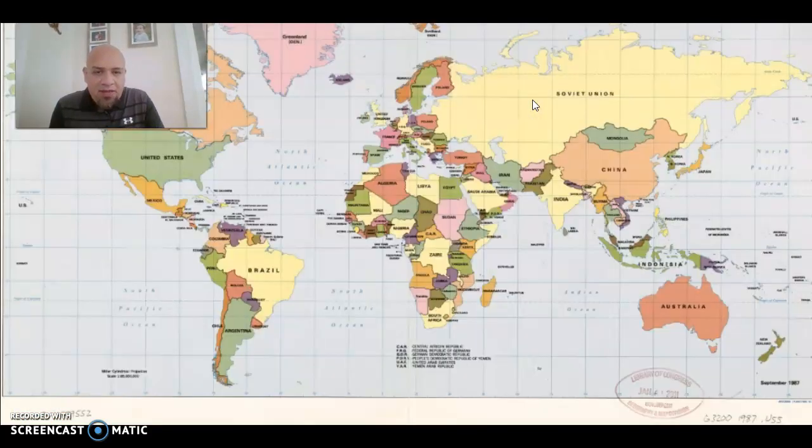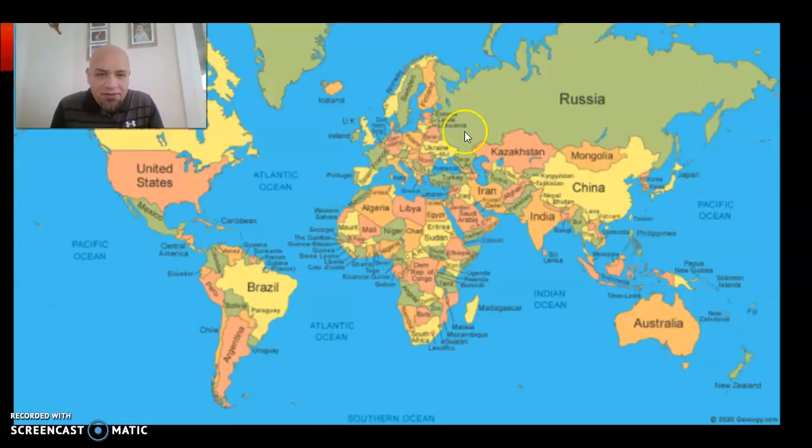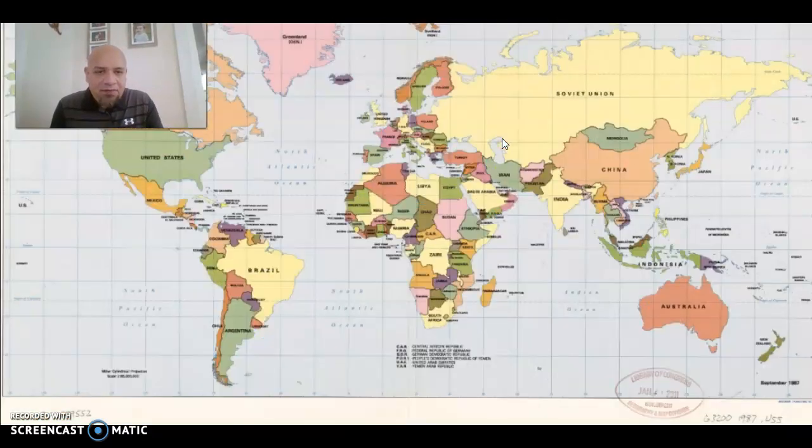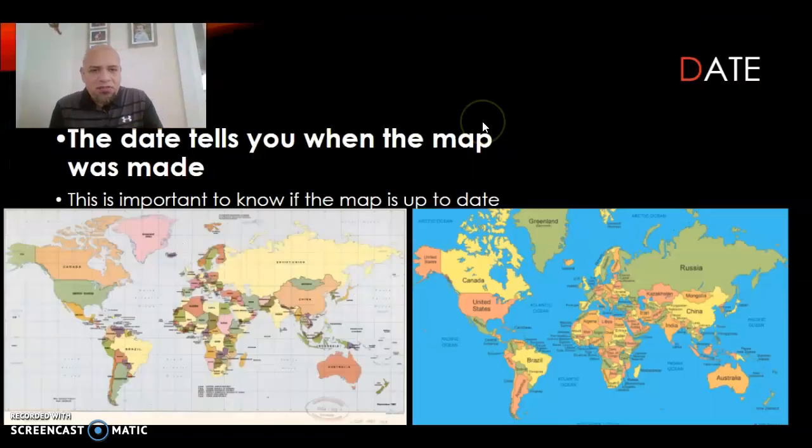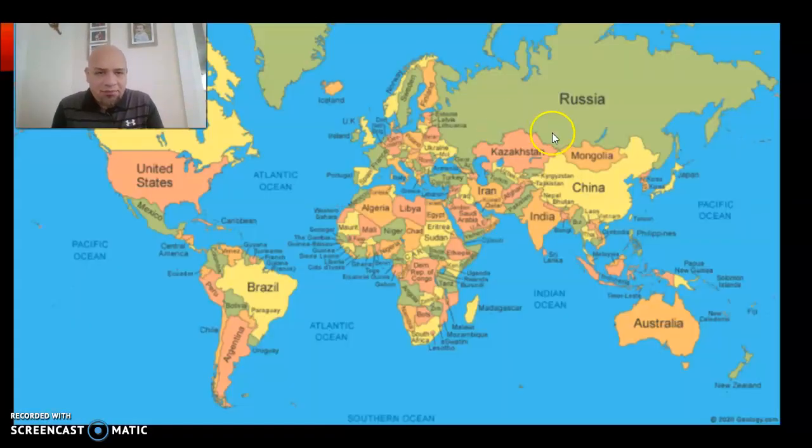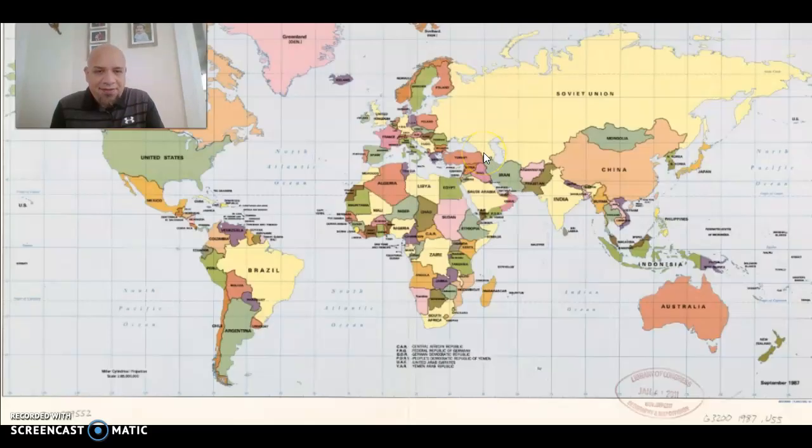Not only that, but some of these countries look a little bit different. Not completely different, but a little bit. So what's going on? Another example is this country called Kazakhstan. It doesn't exist on this map, right?